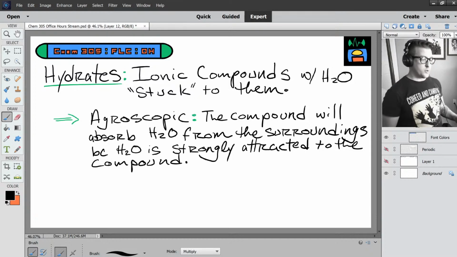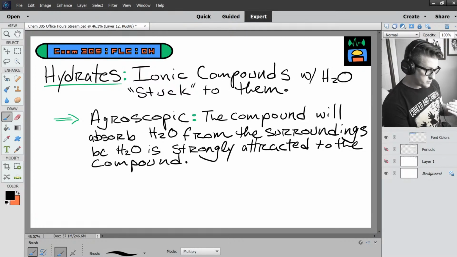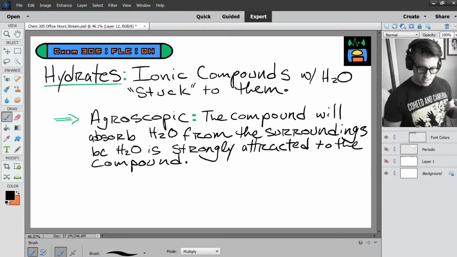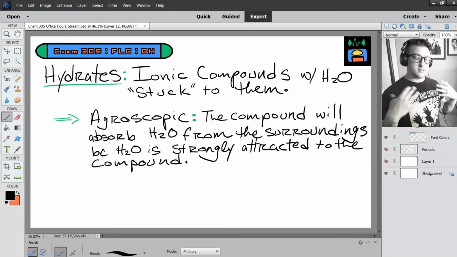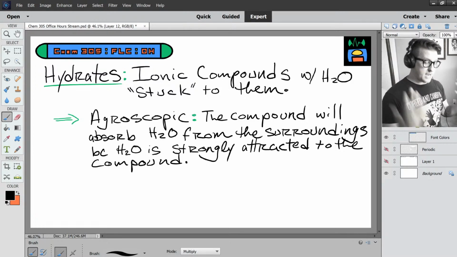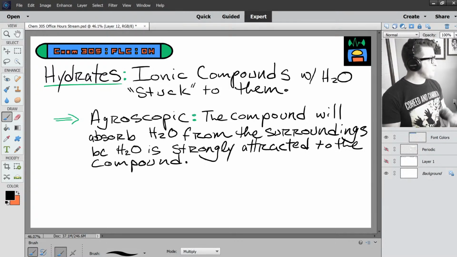All right. So hydrates are compounds that are hygroscopic. They absorb water from their surroundings because water is very attracted to them.